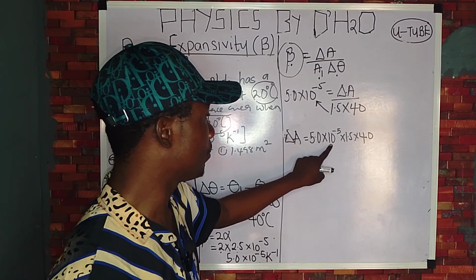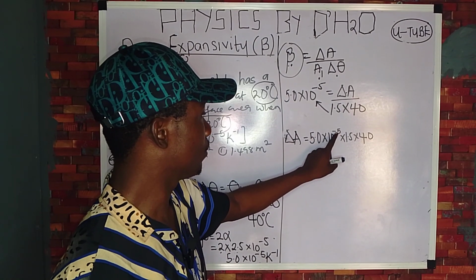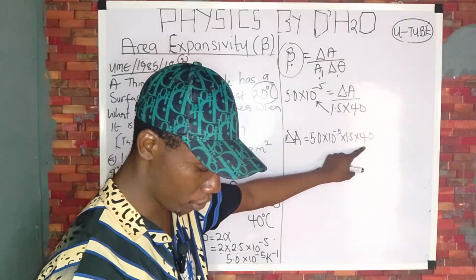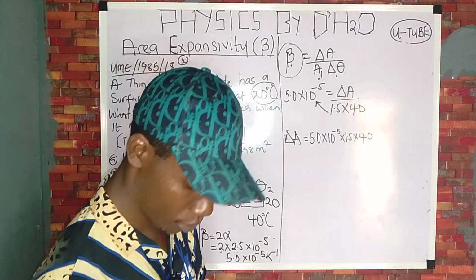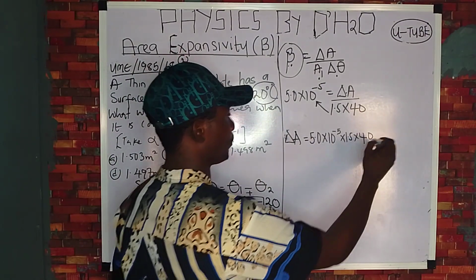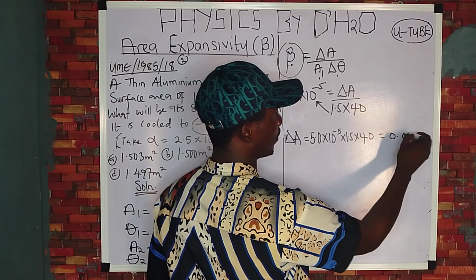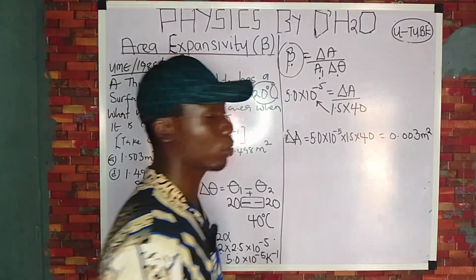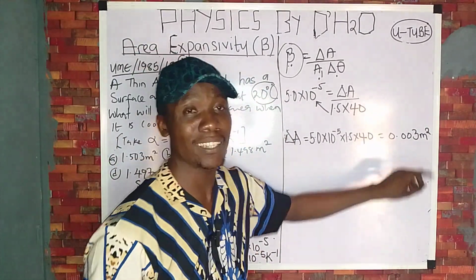5.0 times 10 raised to the power of minus 5 times 1.5 times 40 will give us 0.003 meter square. That's what we get. Is this value our answer?